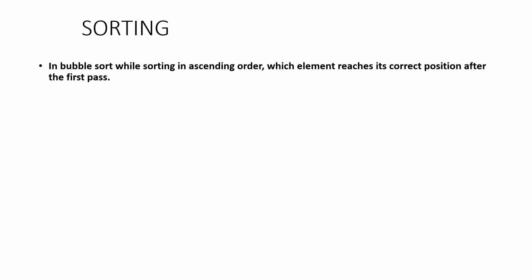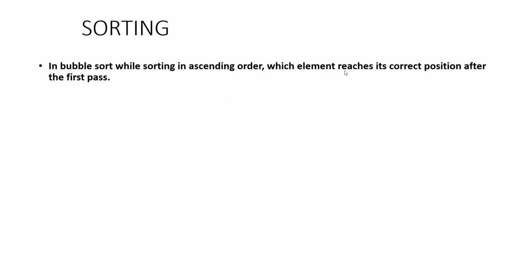Now let us move on to the kind of questions that come from this chapter. The question is under 1 mark. Remember, there are two multiple choice questions coming from this chapter. In bubble sort, while sorting in ascending order, which element reaches its correct position after the first pass?